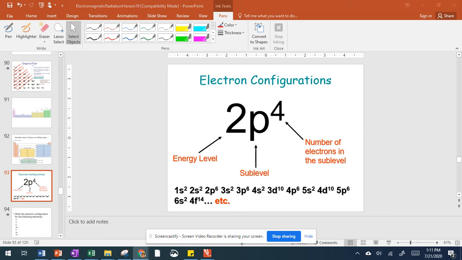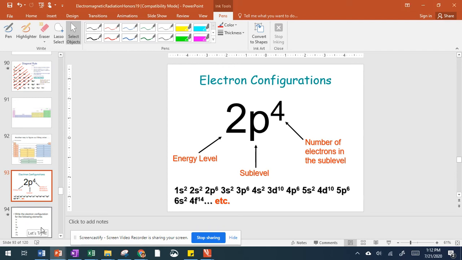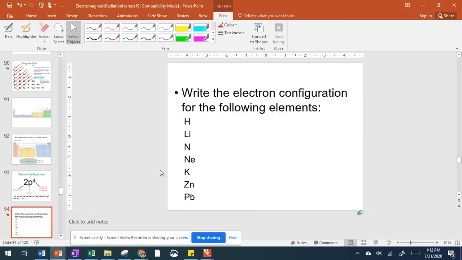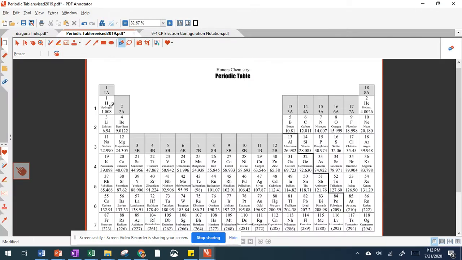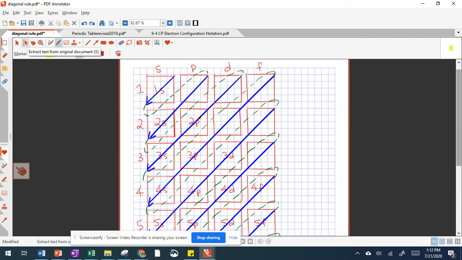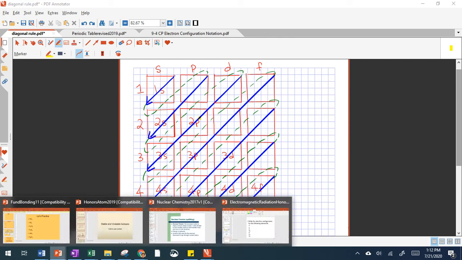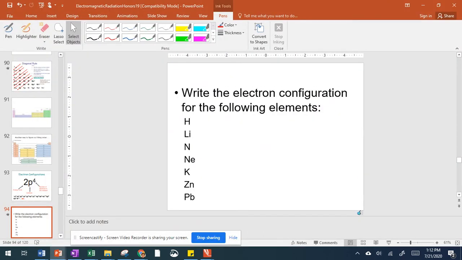So I want to go to the next slide, and we're going to practice with some of the elements that are in this presentation. So the next slide, we have hydrogen. If we look at our periodic table, hydrogen has an atomic number of 1. And if we look at our diagonal rule, for hydrogen we always start with 1s. So let's go back, and we would write 1s1.